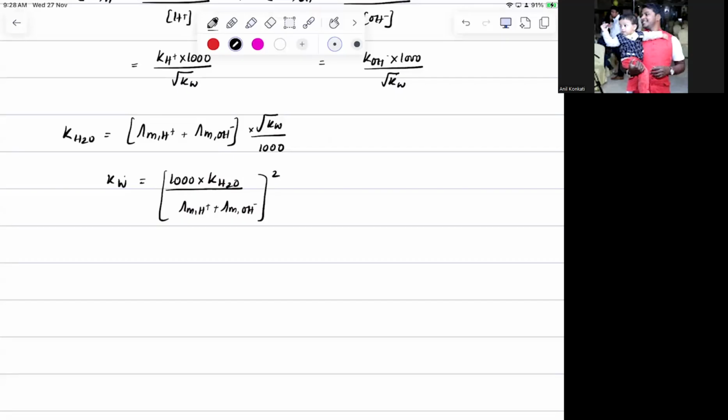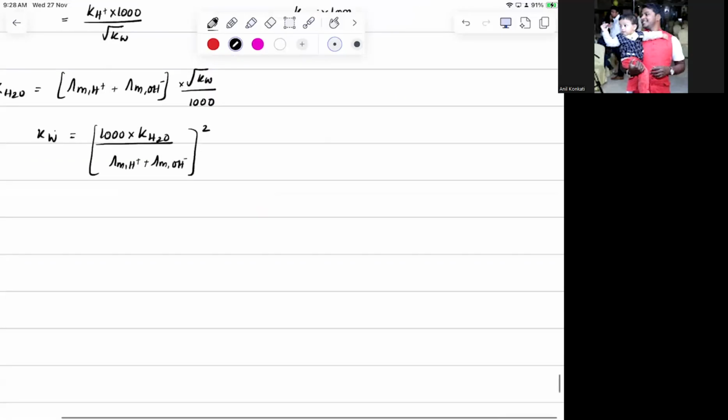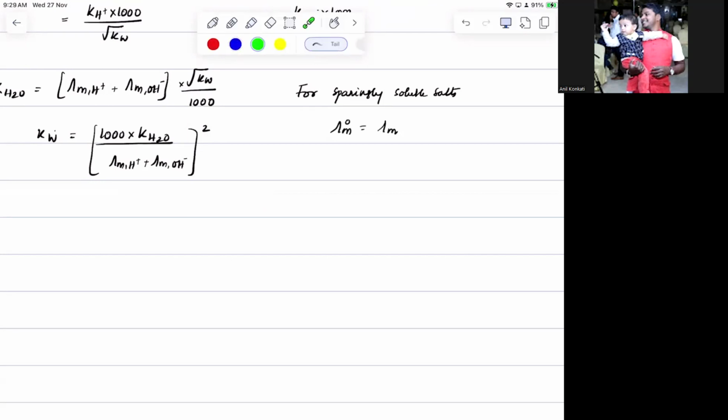Okay, clear? Next thing, one very important aspect you need to understand is, for sparingly soluble salts, lambda m naught is always equal to lambda m. Okay, clear? So whatever the concentration will be, whatever amount is getting dissolved is completely 100% ionized. Got it?